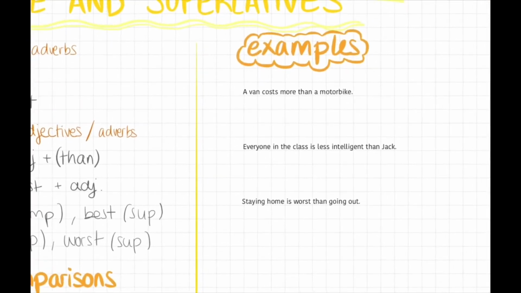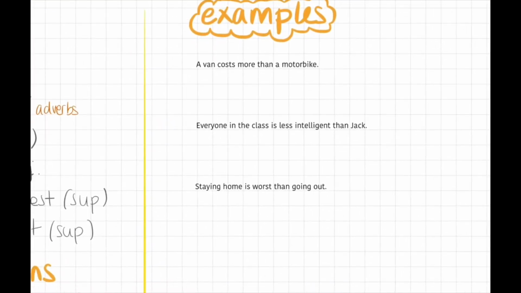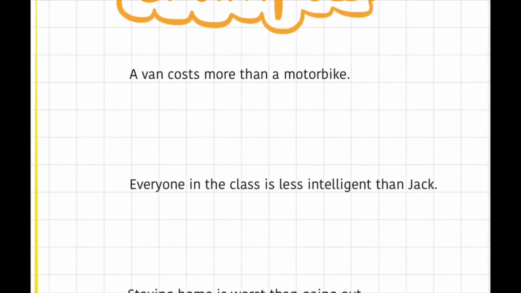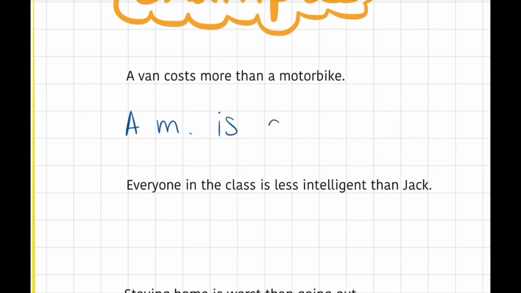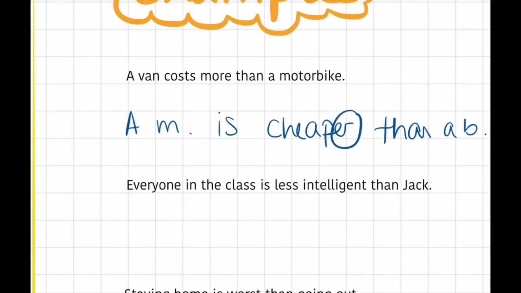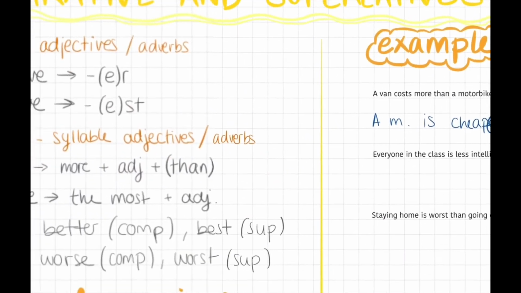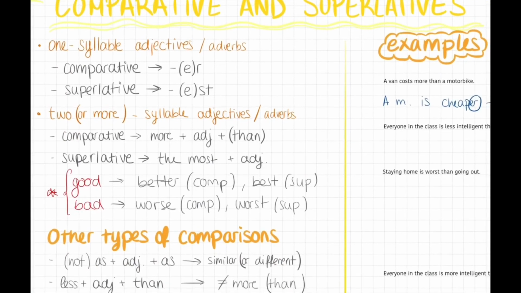Okay, so for example, a van costs more than a motorbike, we would say a motorbike is cheaper than a van. We are adding er to the adjective cheap. Okay, then with the two or more syllable adjectives and adverbs, we have to use more plus the adjective plus than. Or for the superlative, the most and the adjective.